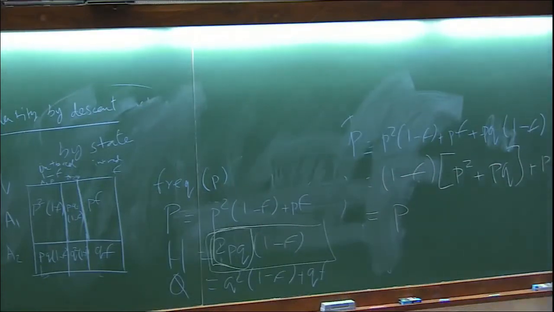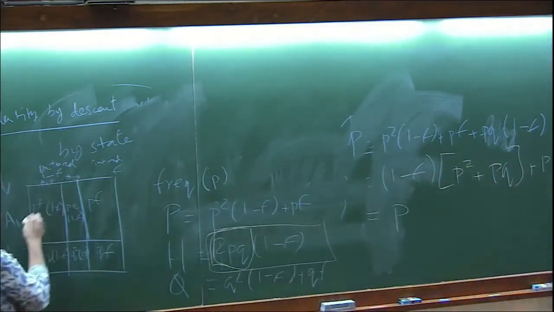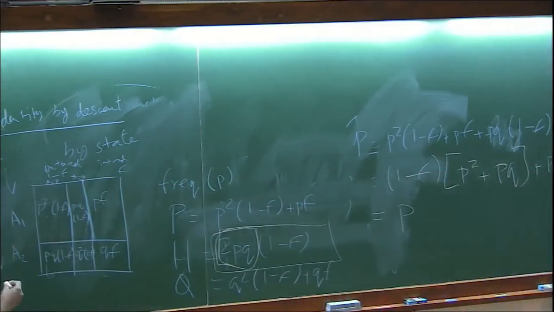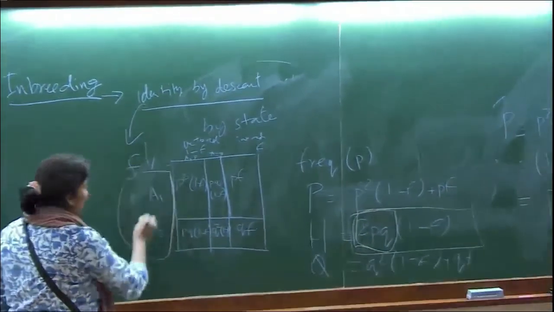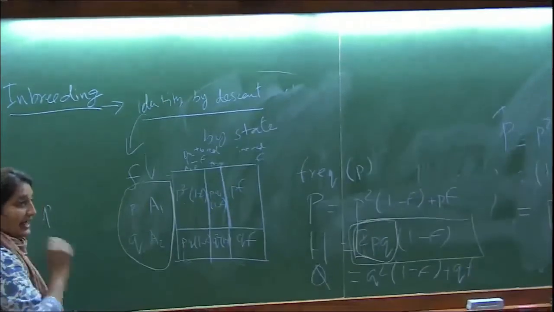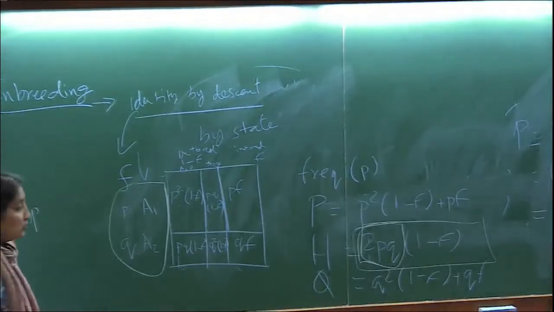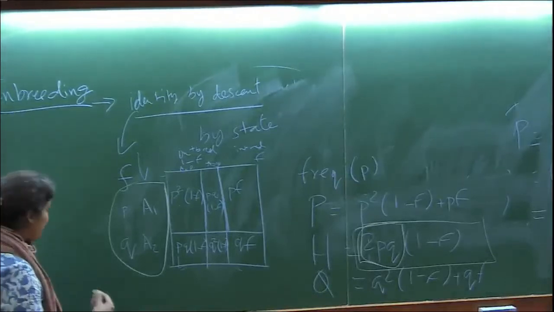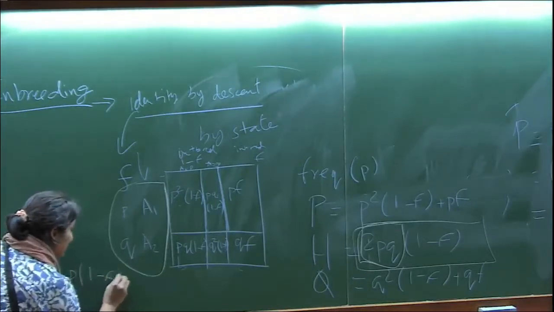Okay, so now when it's inbred, will it be pf or p square? Which one? P into p, yeah. No, p, so this is the first allele. So that has a frequency p. And I'm going to pull out one more p, which is not inbred, which is 1 minus f.